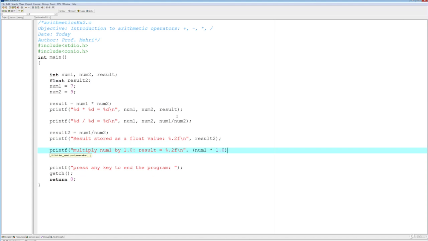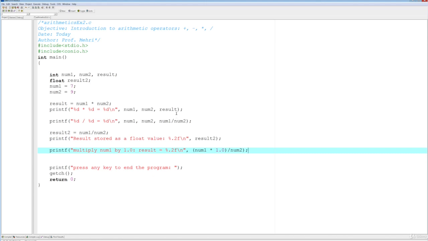Num1 happens to be 7, so now it's 7.0. The result of that multiplication is divided by num2. You can leave the denominator as an integer. Num1 in this case did not change. It's still an integer. But the numerator for this division is now a float value. You divide a float by an integer, you're going to get a float.